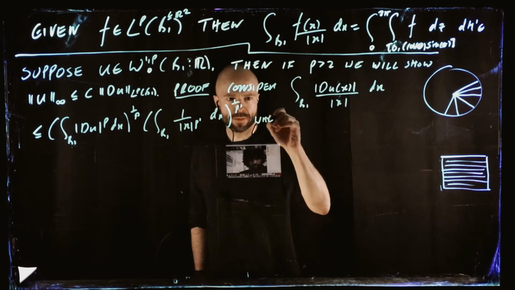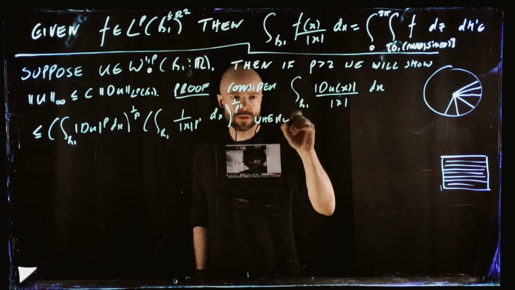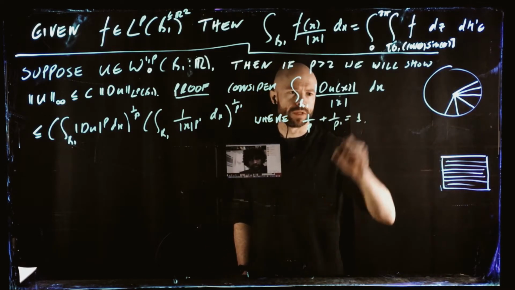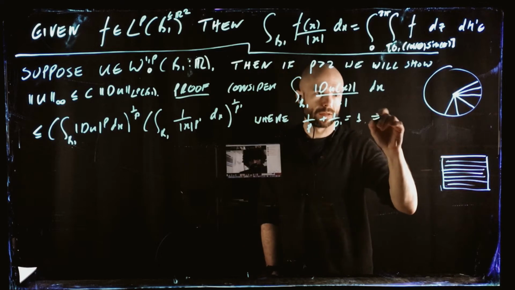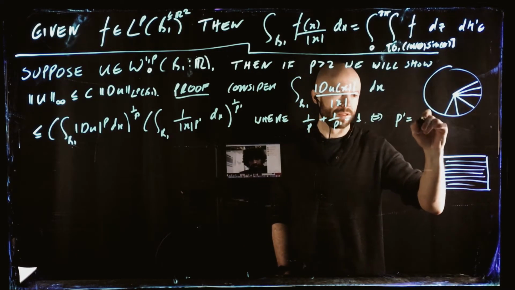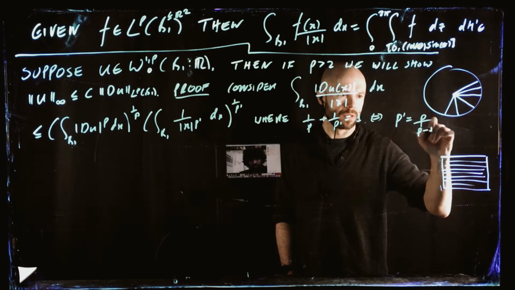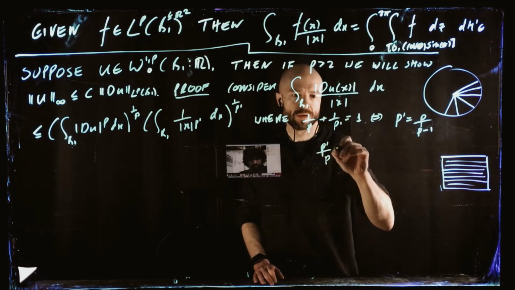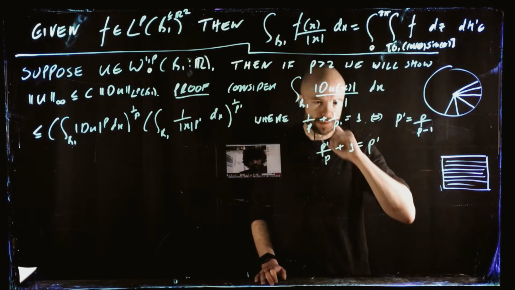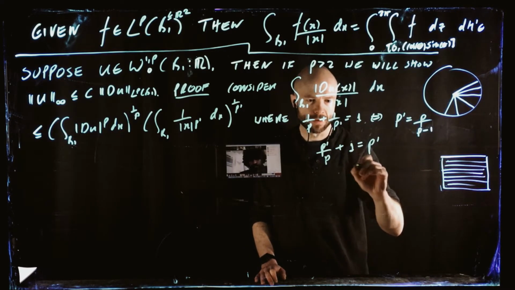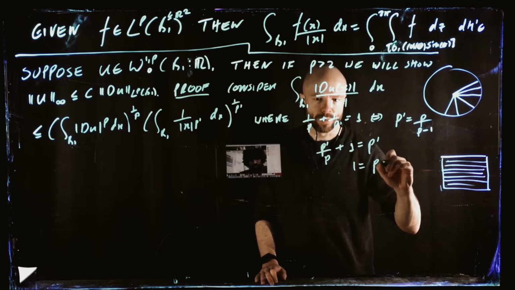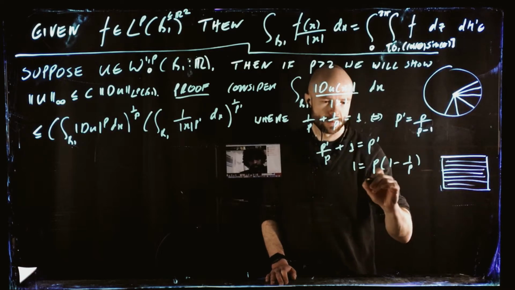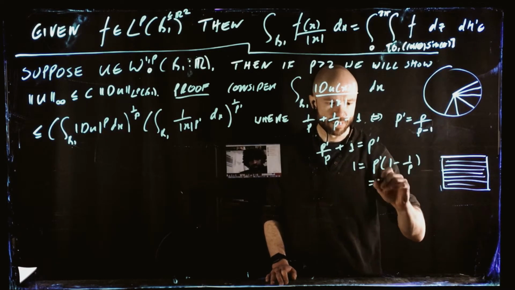Where 1 over p plus 1 over p prime is equal to 1, which is equivalent to saying that p prime is equal to p over p minus 1.